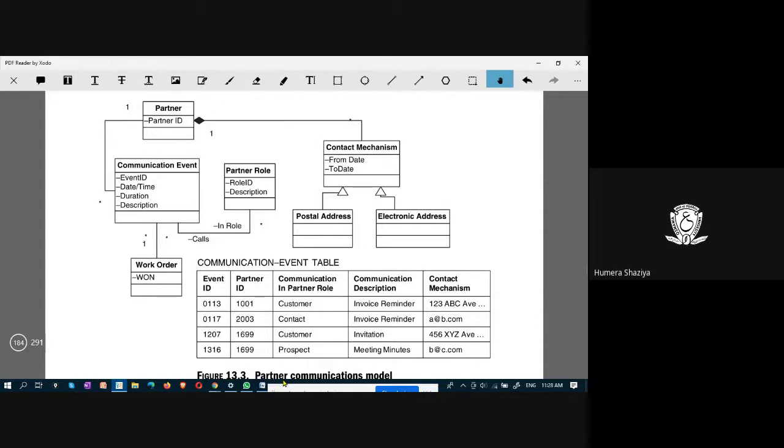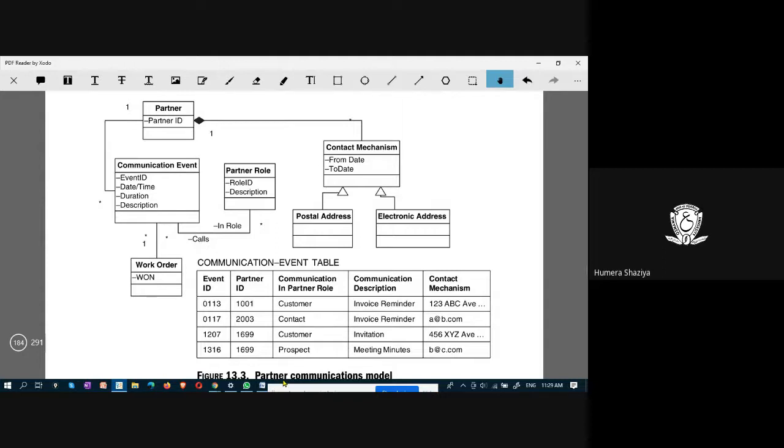It's not shown here, it has been suppressed. Some of the attributes and operations can be suppressed within a class in a class diagram in UML. And here communication in partner role, communication description, contact mechanism.